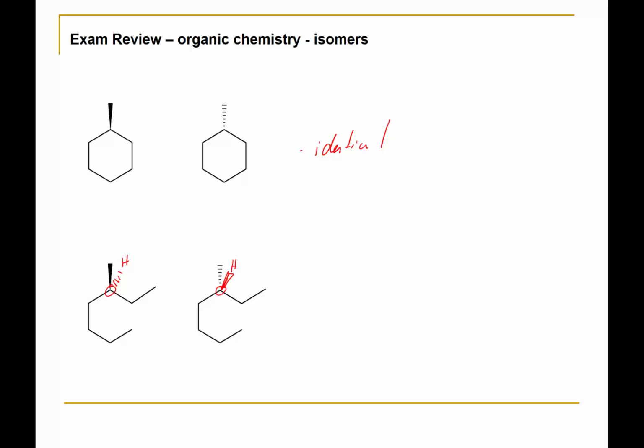You may notice that everything's the same in terms of the bonds that are in the plane of the screen. The only difference is that the methyl group in one example is coming out at us, and the methyl group is going back in the other case. So essentially, the methyl group and the hydrogens have been switched. You may remember that anytime we switch any two groups about a chiral center, you end up with the enantiomer. So these are, therefore, enantiomers.